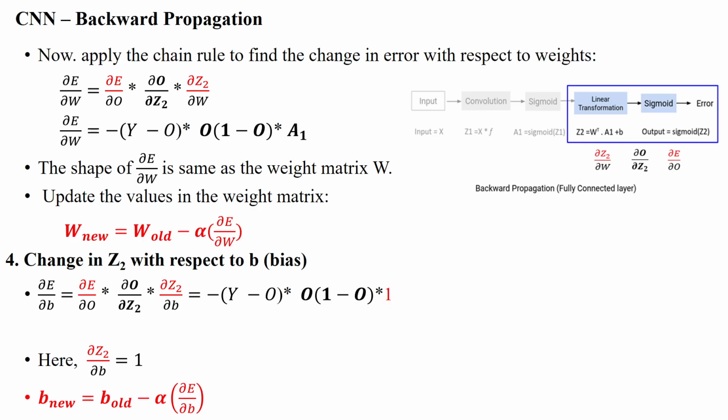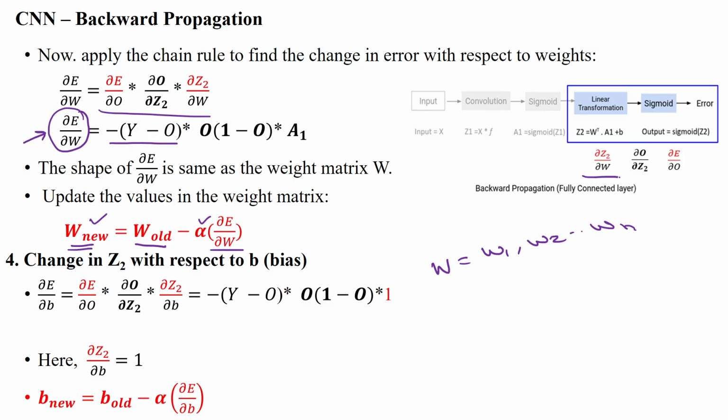After that you substitute the values for all these terminologies, and finally you get dou E divided by dou W. Then the formula to update the parameters, for any number of parameters I have given the capital W, in the sense W1, W2, etc., Wn. So for any W, new W value equals old W value minus learning rate alpha times this value we found until here by using the delta rule.